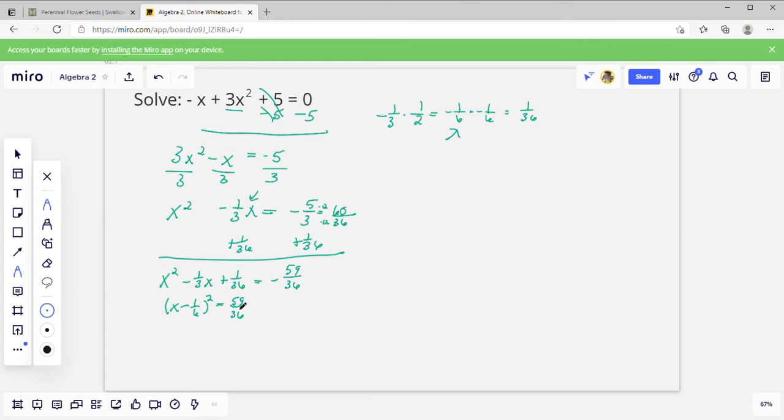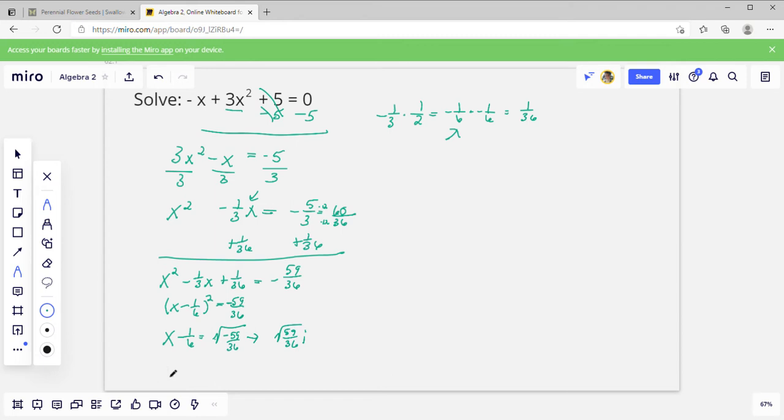Now we're going to take the square root of that, so x minus 1/6 equals the square root of a negative 59/36. Now, we can't take a negative square root, so we have to change this into the square root of 59/36 times i. That gets rid of our negative.